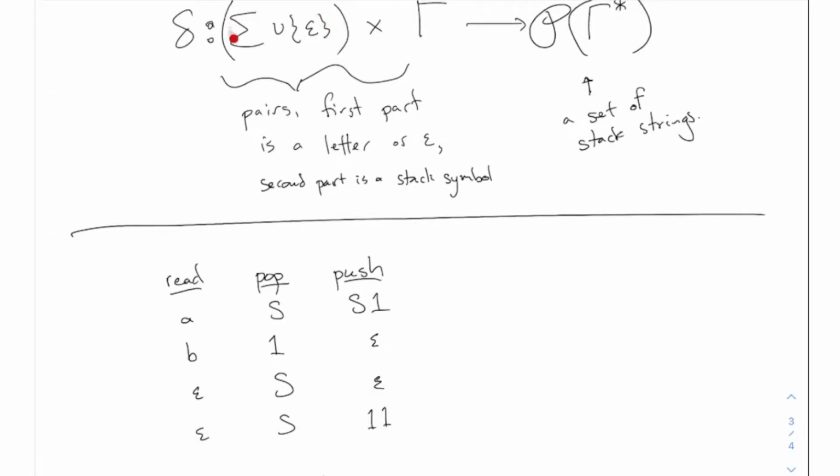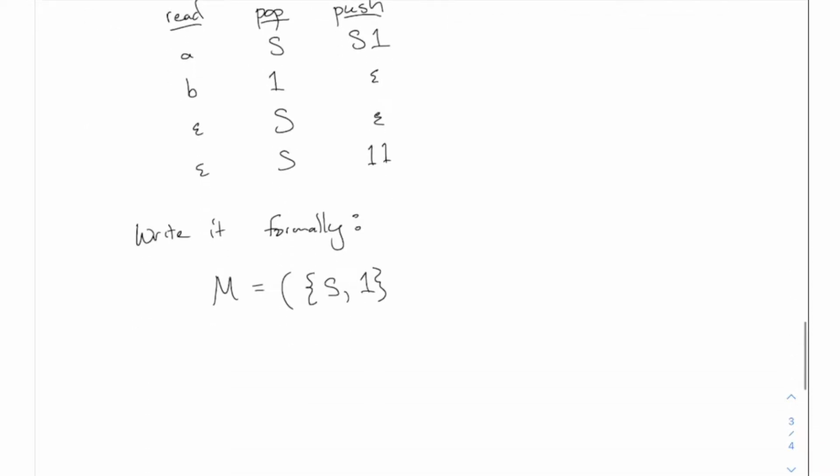The first part of the pair is what you see in the read column, and the read is allowed to be epsilon. But I thought epsilon is also part of sigma. No, epsilon is not a letter. It represents the empty string. So what is sigma in this example? A and B, yeah.